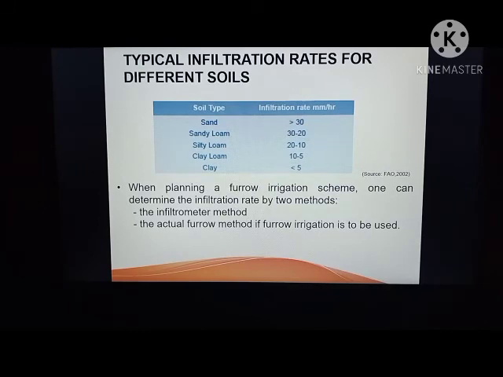When planning a furrow irrigation scheme, one can determine the infiltration rate by two methods: the infiltrometer method or the actual furrow method, if furrow irrigation is to be used.